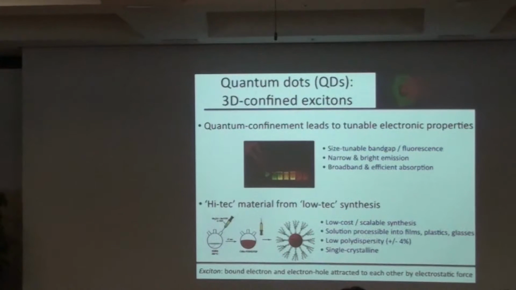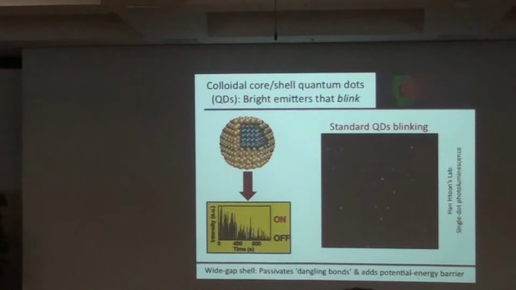And the particles are single crystalline and made solvent suspendable by the application of a ligand monolayer on their surfaces. So not unlike many of the gold nanoparticles that you're very familiar with.